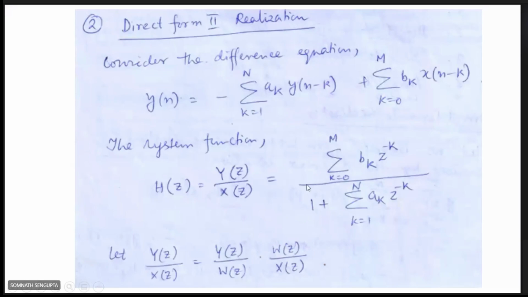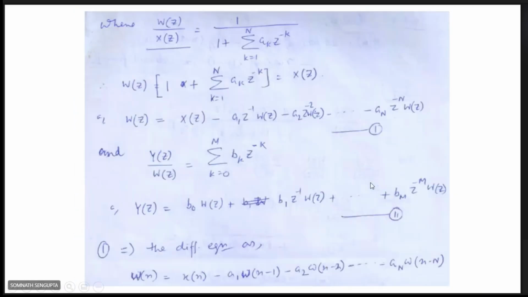So 1 by denominator represents one stage, that is W(z) by X(z), and the other stage represents the numerator. So W(z) by X(z) represents 1 by this denominator, and Y(z) by W(z) represents the numerator. Okay.